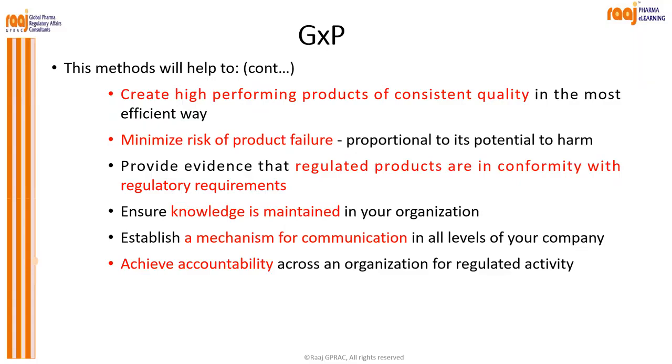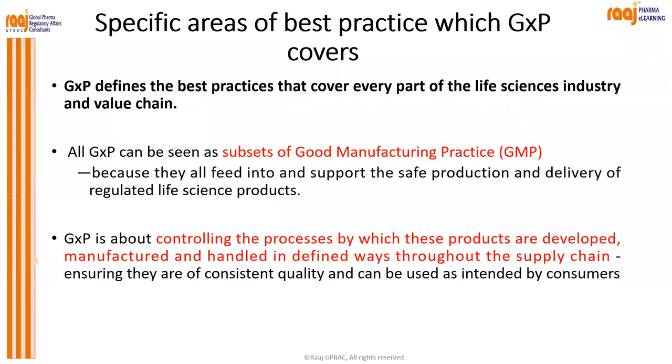Establish a mechanism for communication at all levels of your company, right from top management and middle management to lower management. And the most important is to achieve accountability across an organization for the regulated activity. So, how this GxP helps, that I have mentioned in this slide.